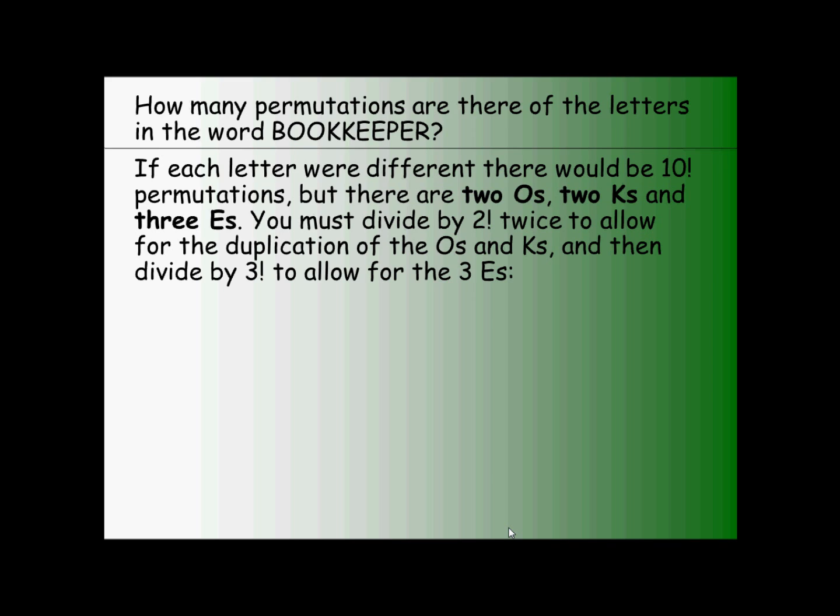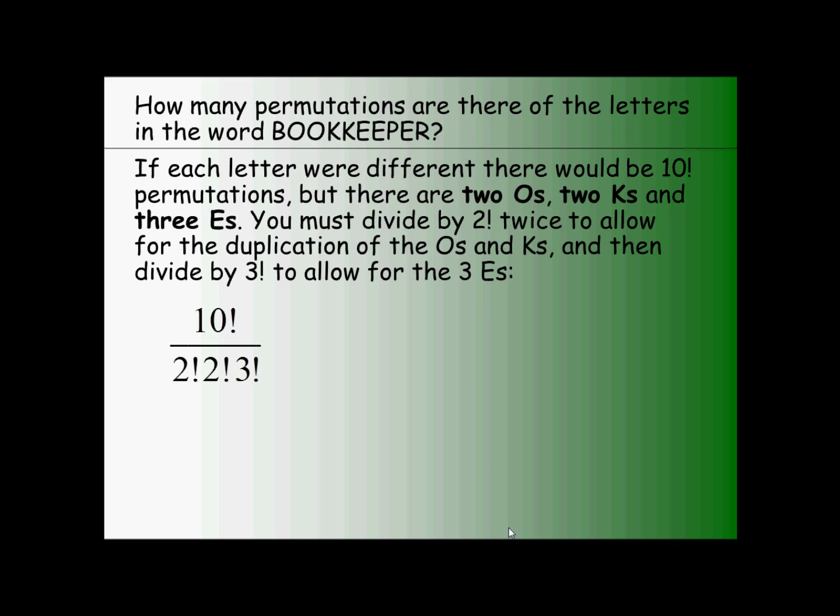So we're going to divide by 2 factorial for the 2 O's. We're going to divide by 2 factorial again to account for the two K's, because the two K's can also rearrange themselves in 2 factorial ways. And then we're going to divide by 3 factorial because of the 3 E's. And those 3 E's could rearrange themselves in 3 factorial ways.